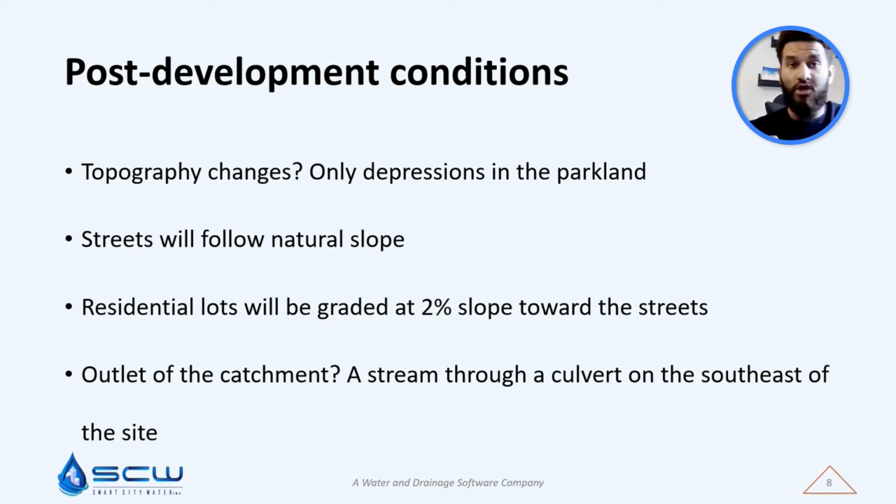The residential lots will be graded at 2% so the slope is directed toward the street, and then the street will collect the water and get it out of the city. And where's the outlet of the catchment? The outlet goes through a culvert to a stream at the southeast of our site.